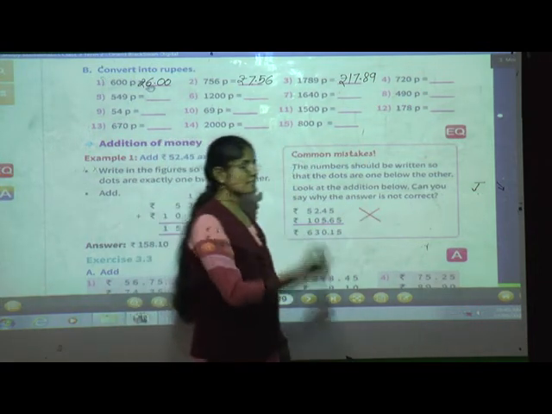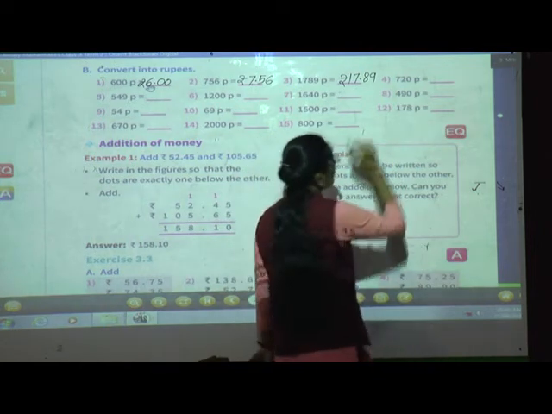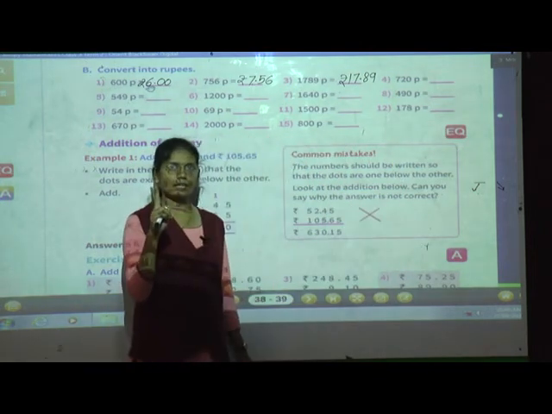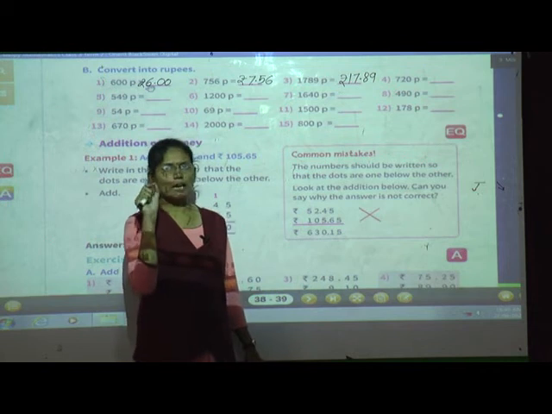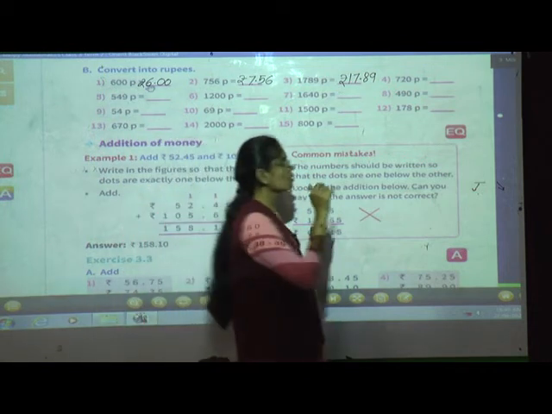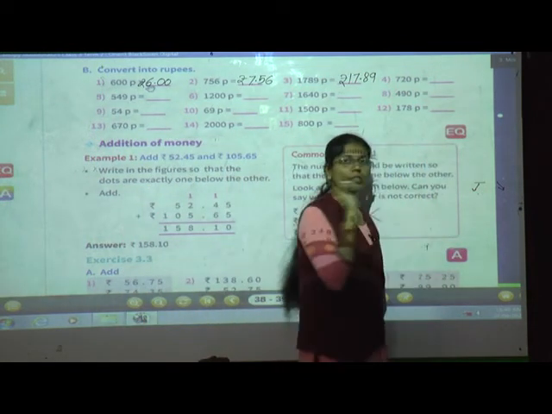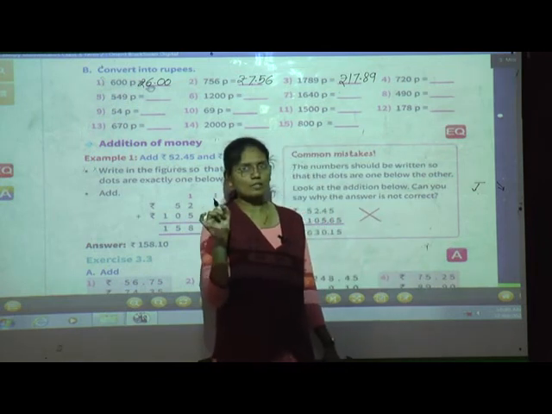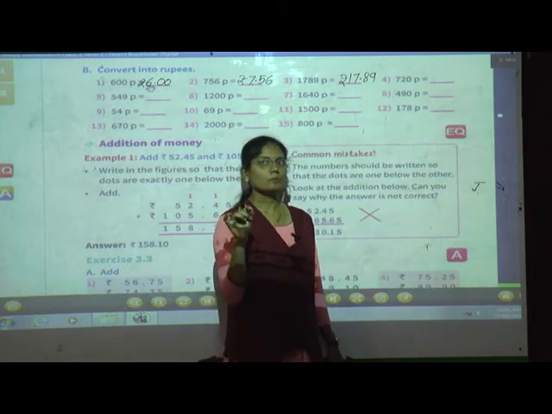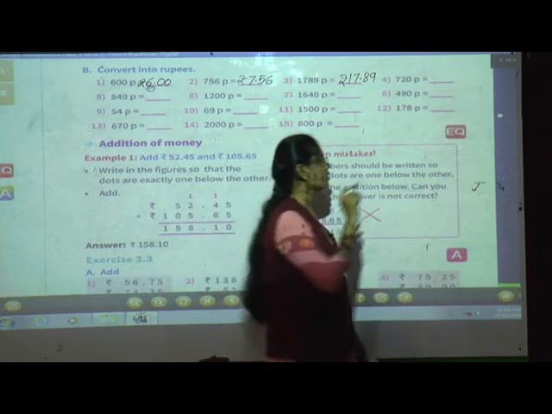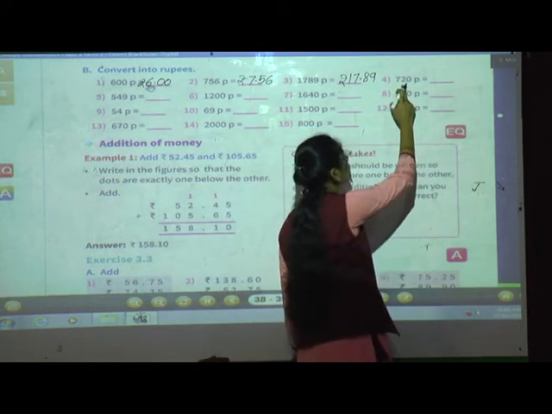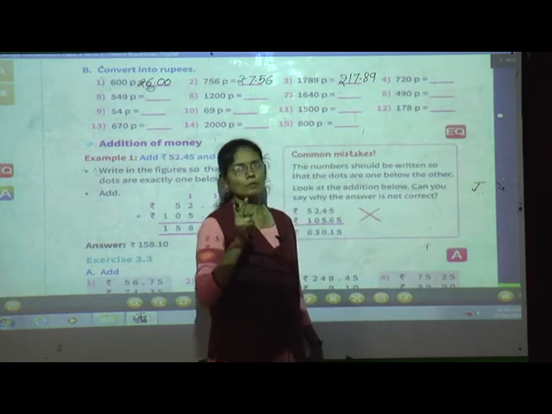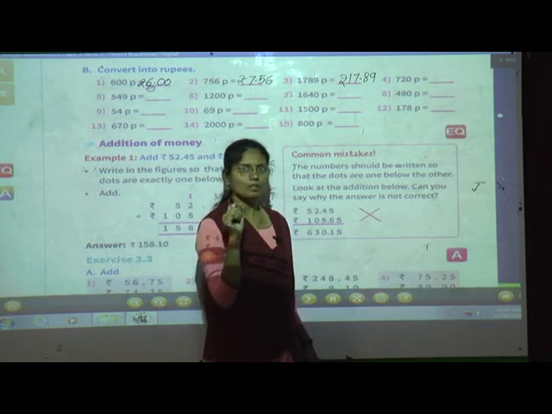Now from the right side, which is the second number? 2 is the second number. So before 2 we have to put a dot, not 0. We have to put a dot before the second digit. Okay. Now here 2 is the second digit. So before 2 we have to put a dot.